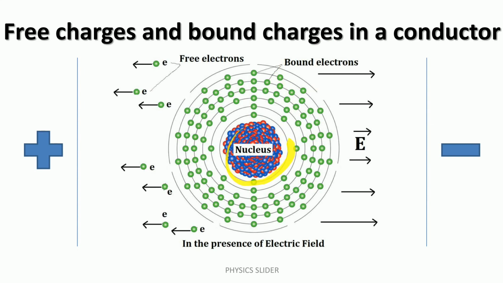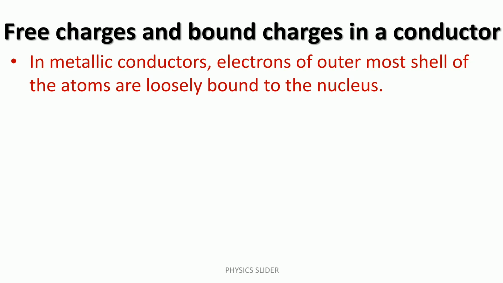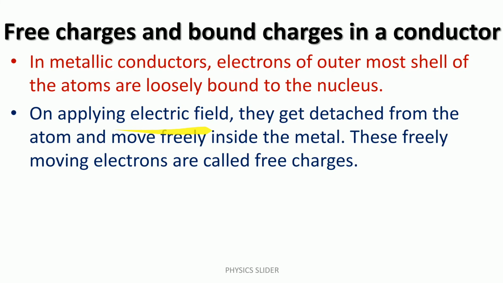This positive charge does not affect the outermost shell's electrons that much. So these will be detached easily and will be called free electrons in the presence of external electric field. So we will say in metallic conductors, electrons of the outermost shell of the atoms are loosely bound to the nucleus. On applying electric field, they get detached from the atom and move freely inside the metal.